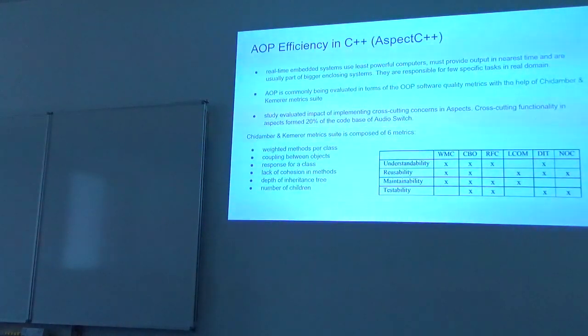So, for example, if you achieve low coupling between objects, or a low value of the CBO metric, coupling between objects, then it might mean your system exhibits good modularity and is somewhat better, or well structured.